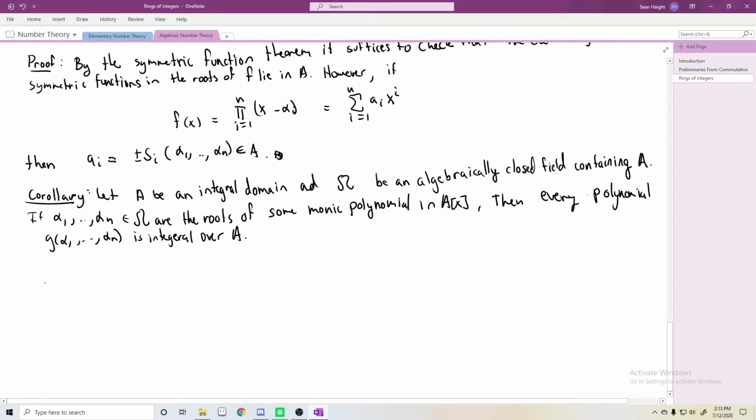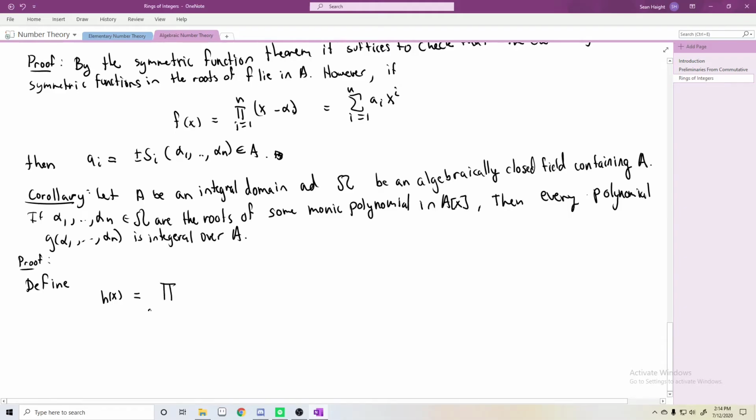So the way we're going to do this is we're going to write down a polynomial which has g as a root and ends up that the coefficients are symmetric in the roots so that the coefficients have to necessarily lie in A. So proof, I'm going to define a polynomial h of x.